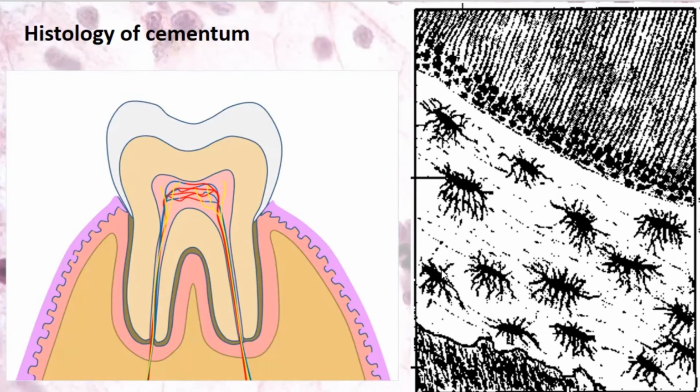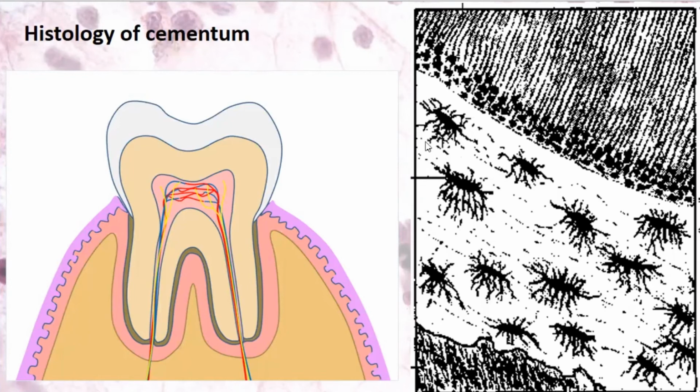And it also has cells. There are young cells, cementoblasts, which are like the cells of bones. They are osteoblasts in the bones, and in cementum there are cementoblasts, and also mature cells: in bone we have osteocytes, and in cementum we have cementocytes, which are surrounded with matrix.